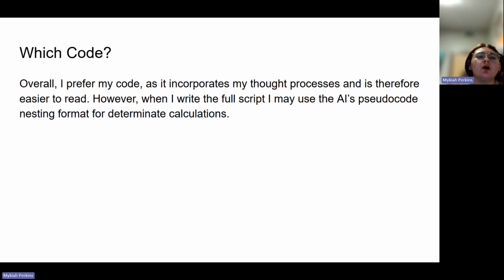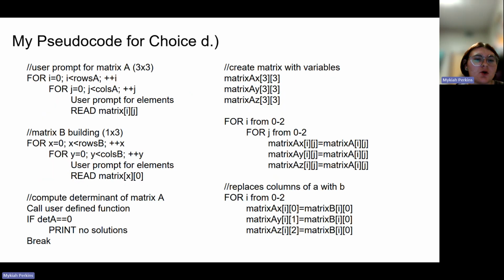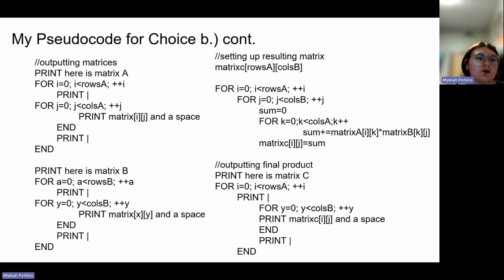So which code do I prefer? Overall, I prefer my code as it incorporates my thought processes and is therefore easier to read and understand. However, when I write my full script, I may borrow parts from the AI pseudocode, particularly the shortening of those variables, the triple for loop nesting for the determinant, and I may also double check my code against this code just to ensure that all of my for loops are nested correctly.